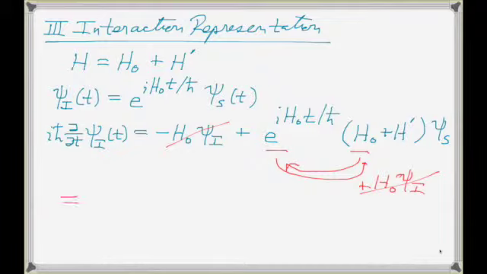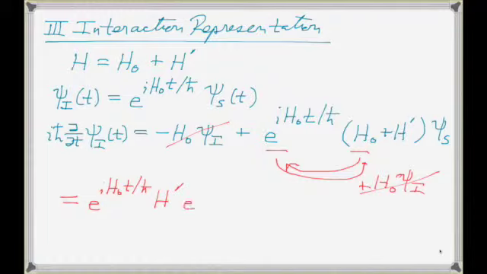And so that's equal to e to the i H0 t over h bar H prime. And I want to keep my wave function in the interaction representation, so I'll just put in two things that cancel.